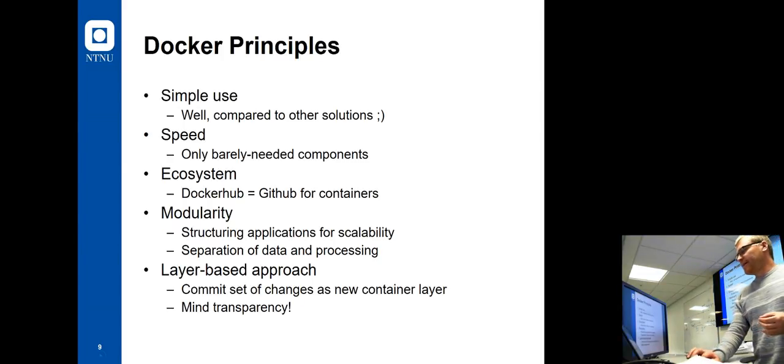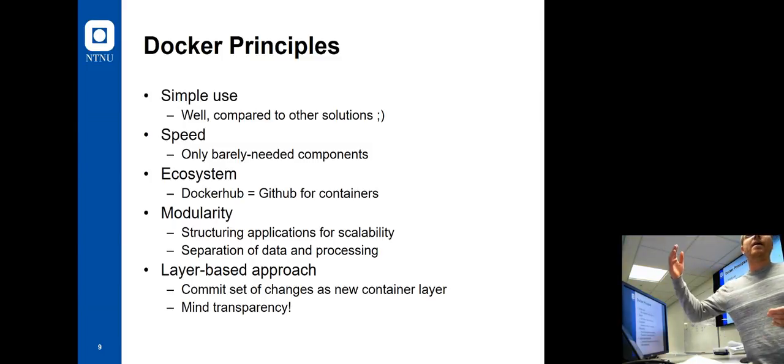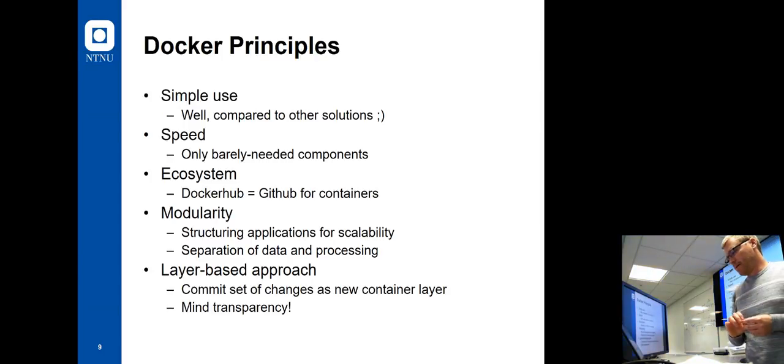And nevertheless, similar to what was mentioned before for snapshots in OpenStack, you have a layer-based approach. So if you build a Docker container, you can instantiate it, change it, and commit it again. So you have a changed version that builds on an existing Docker container. So the idea is having a layer of commits that make up a Docker image, as it's called. So that's the key idea there.